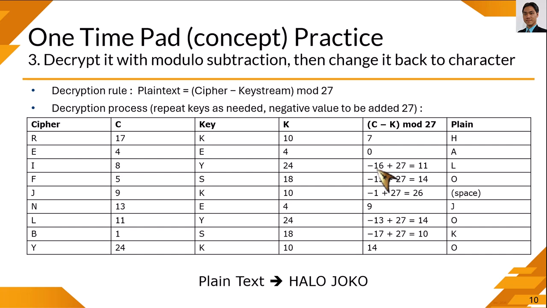We'll just need to add 27, the modulus number. 27 minus 16 becomes 11. 11 modulus 27 will still be 11. So the plain will be L. And so forth until the last letter, then we'll get again the plain text Hello Joko with the space included.